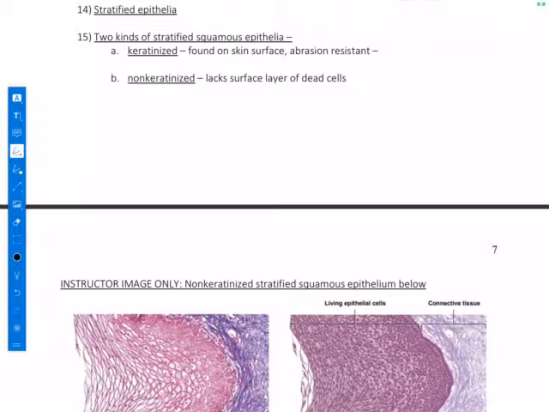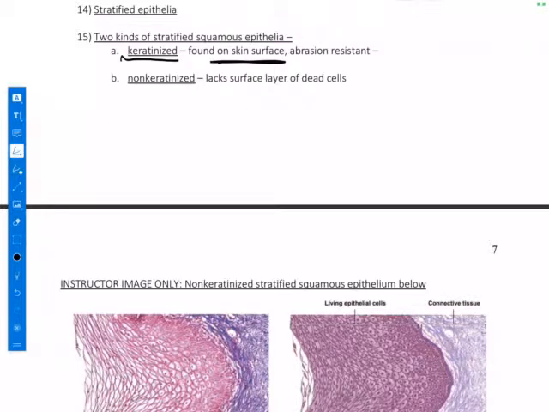So the keratinized stratified squamous epithelium, this is the skin. This would be the epidermis. Keratin is a tough protein within the skin that makes it tough and water resistant, and this is also very abrasion resistant because of its tough protein and the fact that it's many layers.